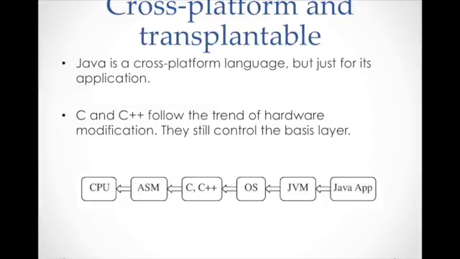Java is a closed platform language, but just for its own applications, because Java needs to run on the JVM, and the JVM still needs to run on the operating system. So Java is very good for portability, but not for the whole system.